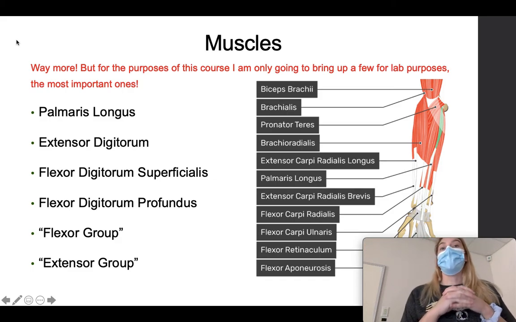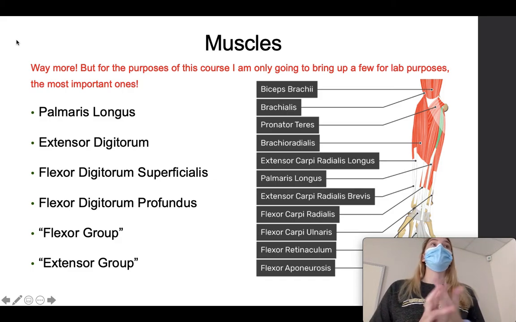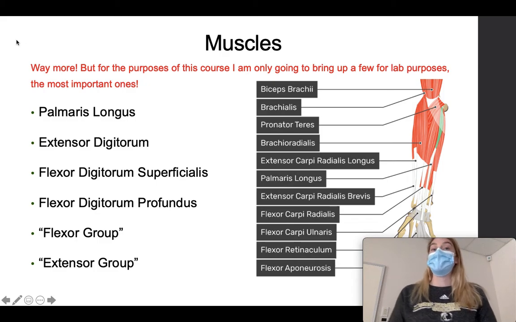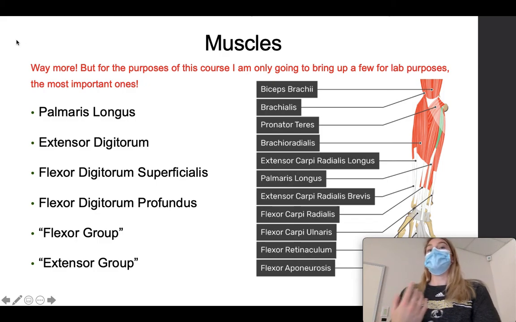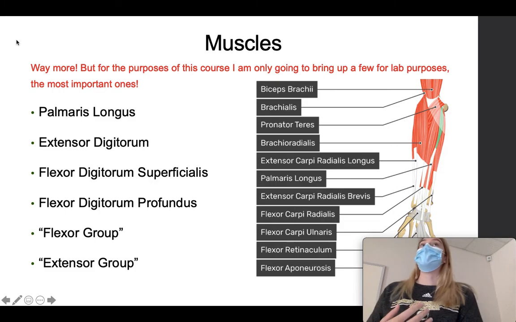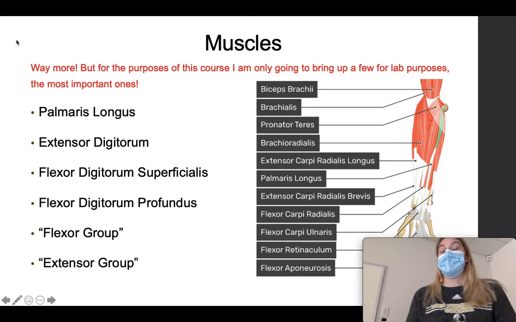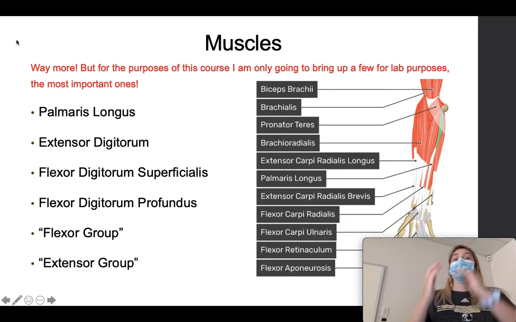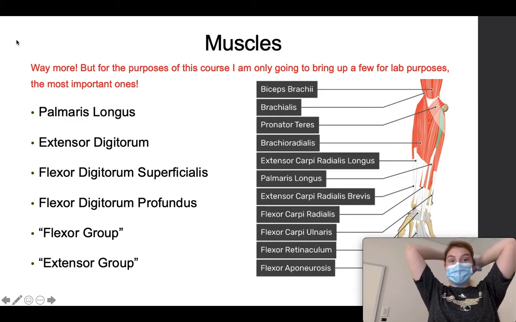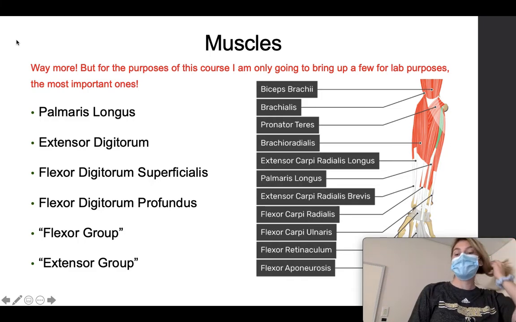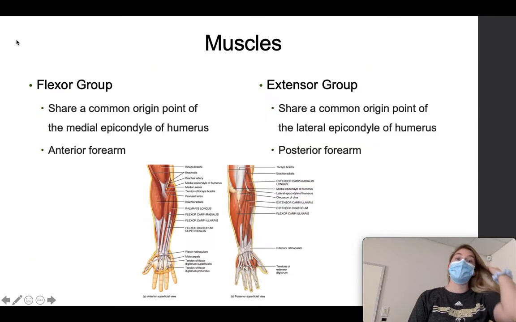There are way more muscles in that forearm that control the wrist and hand, but for the purposes of your class, I don't think you need to learn all of them because they are more specialized. So I just want you to know these main ones. But just so you know, there are more muscles in the forearm than what I'm talking about.